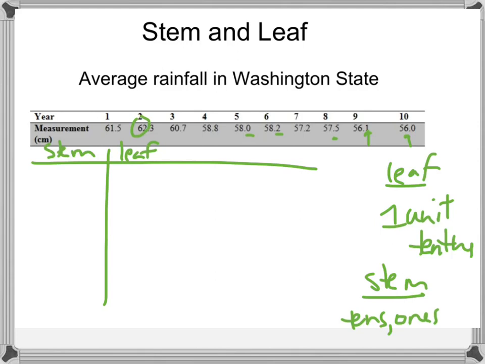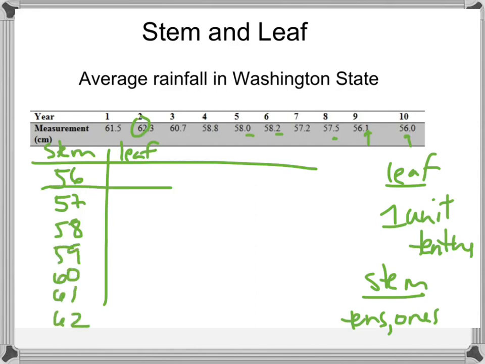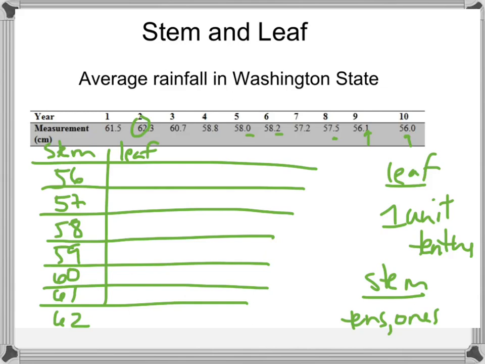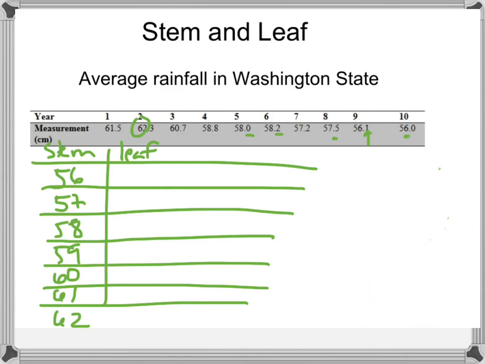So I need to go from 56 to 62, and I need to go in order. Even if I don't have a leaf for my stem, I still need to have my stem represented. That's absolutely important.